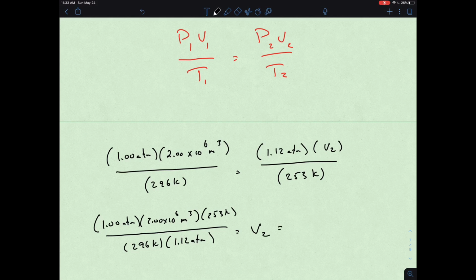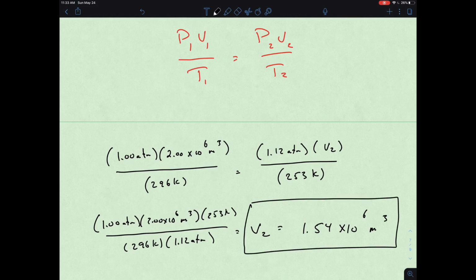So, multiplying over the 253 Kelvin, dividing over the 1.12 atmospheres, everything's canceling out here except for meters cubed. And we end up with an answer of 1.54 times 10 to the 6th meters cubed for our new volume in the storage tank.